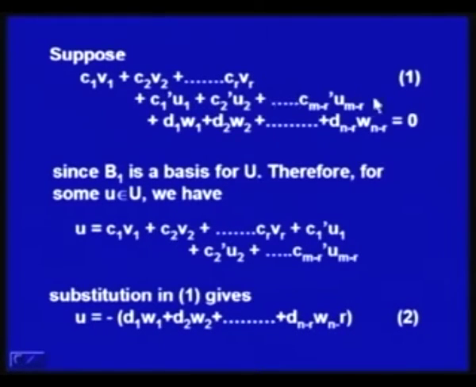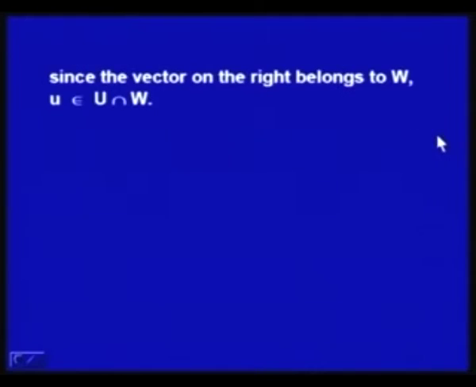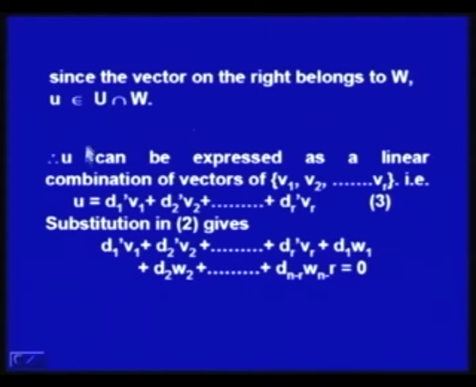So, this is a vector which is u, and this I have taken on the other side. Now, since the vector on the right belongs to W, u belongs to U intersection W, that is, u can be expressed as a linear combination of vectors V1, V2, Vr, that is u is equal to D1 dash V1 plus D2 dash V2 plus Dr dash Vr.